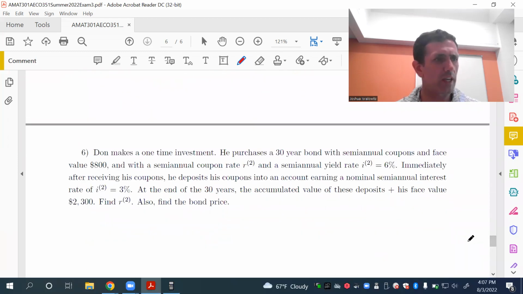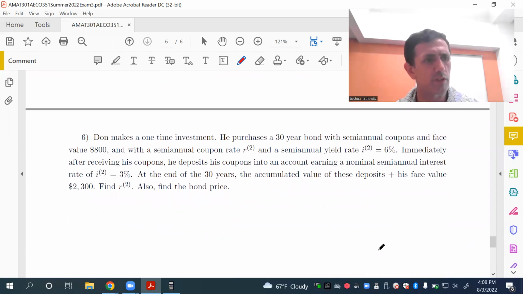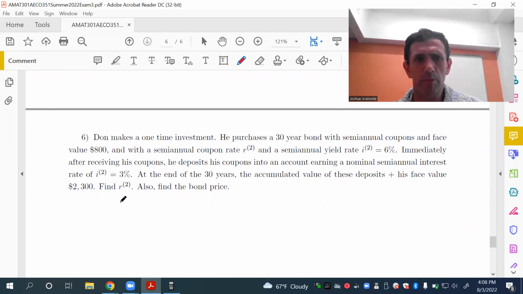All right. Last but not least, what should be a fairly easy Makeham's formula problem plus a little bit of other stuff. So Don makes a one-time investment. He purchases 30-year bonds, semi-annual coupons, face value of 800, semi-annual coupon rate of R2, and semi-annual yield rate, all these are supposed to be nominal, 6%.